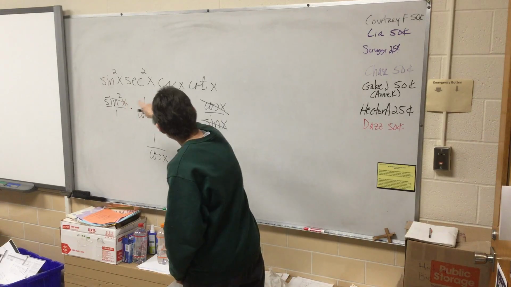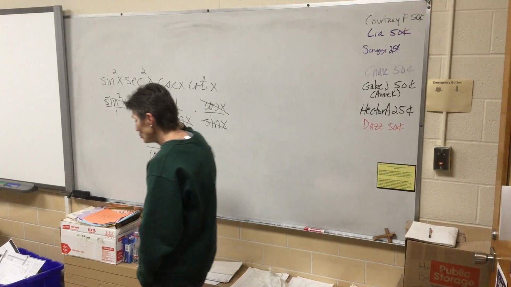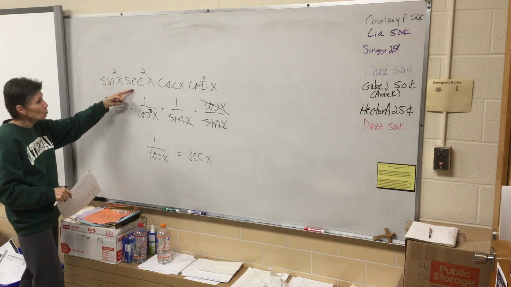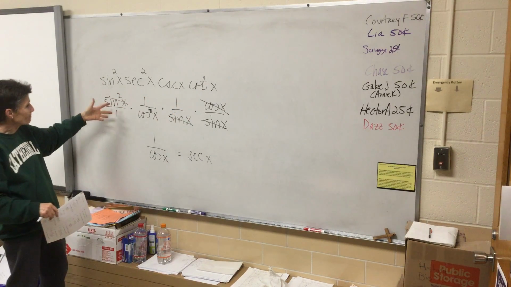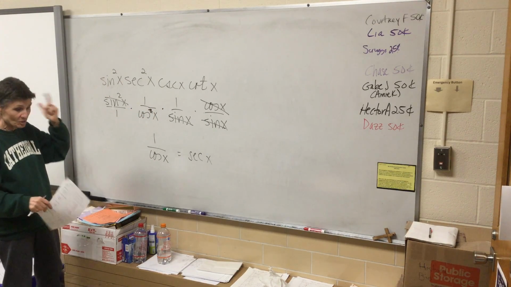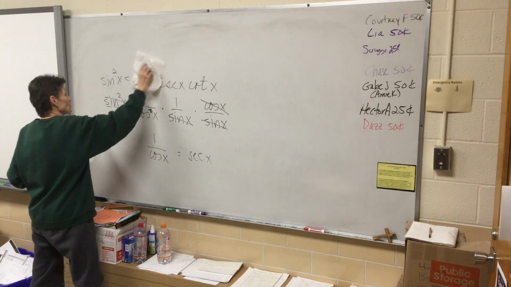A bunch of functions just all out in some big long string. You're going to use what you've memorized and you're going to change each one into sines and cosines. So some fraction, you're going to change it into a fraction. And then cancel what'll cancel. And that's your answer, whatever you have left.